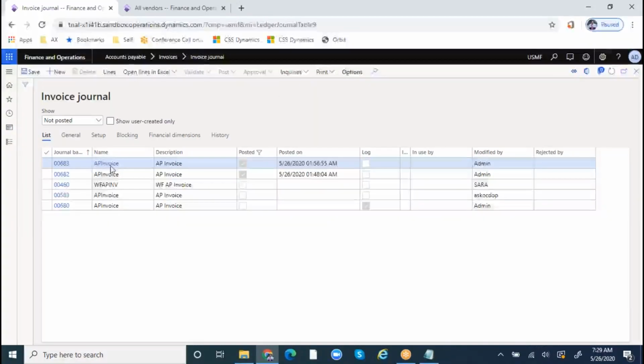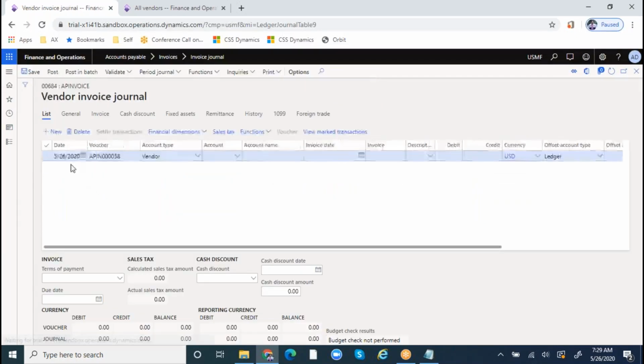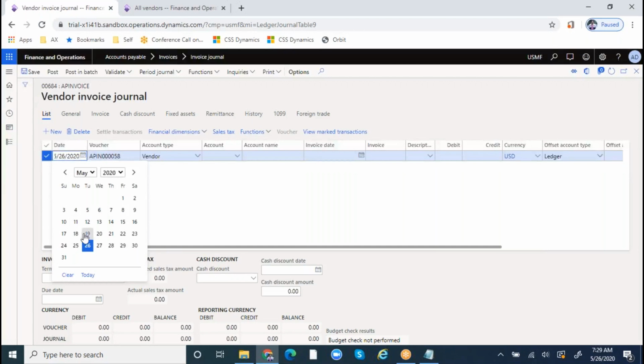Suppose today is 1st June, and now I want to post around 20-30 transactions on 30th May. It will be a hectic job to change this every time. Am I right? Once again, I have to come back and change it.